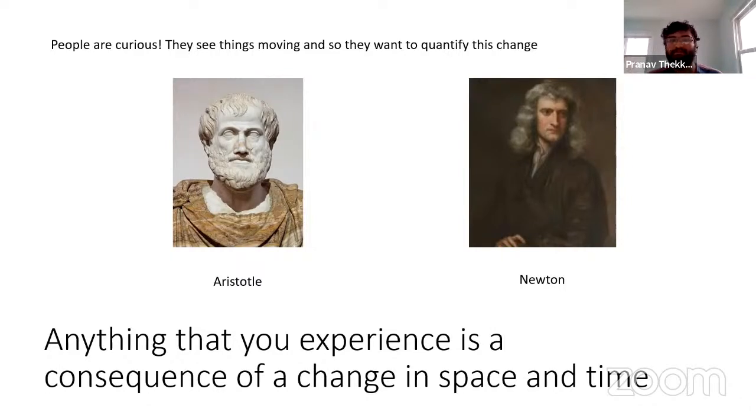So for the longest time, the thought process within the community was that space and time are completely two different things, and any motion, any dynamics that you see is a change in space and a change in time.